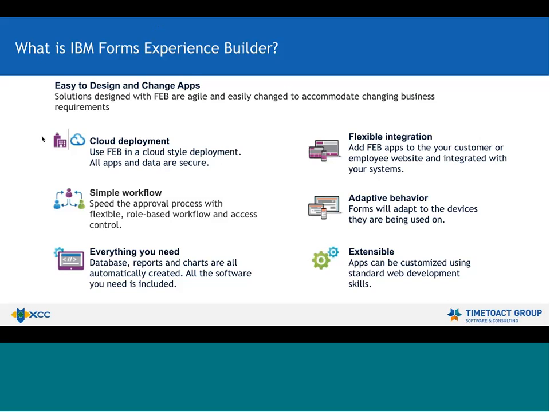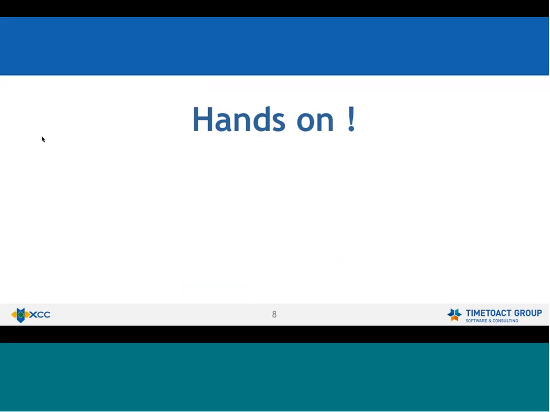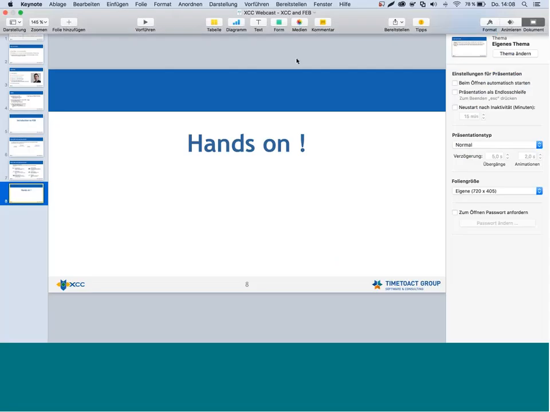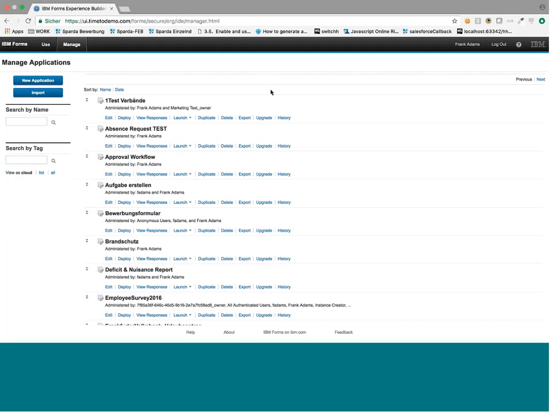Okay. Now we go hands-on. So this is the start screen of the Forms Experience Builder. If you already have IBM Connections, it's installed with it, but you have to license it separately to use it.